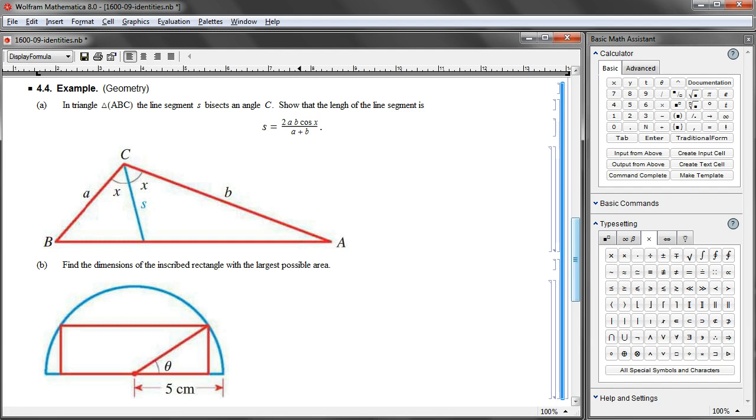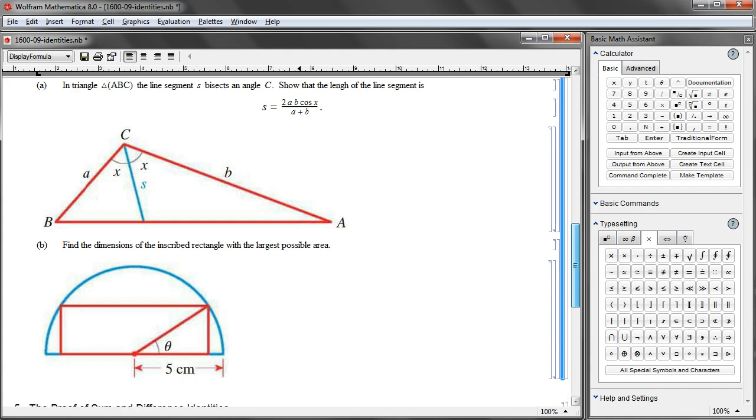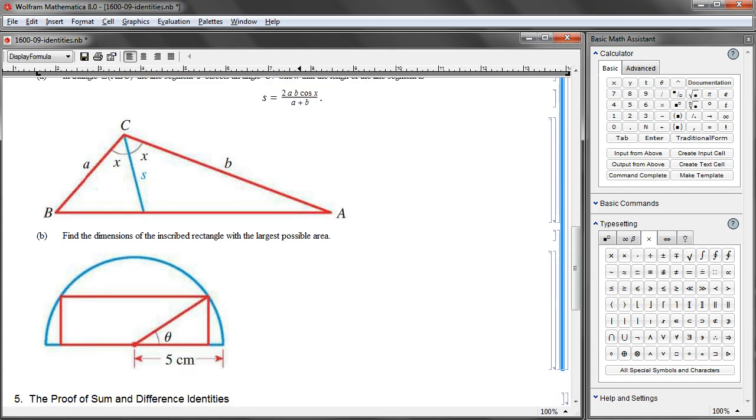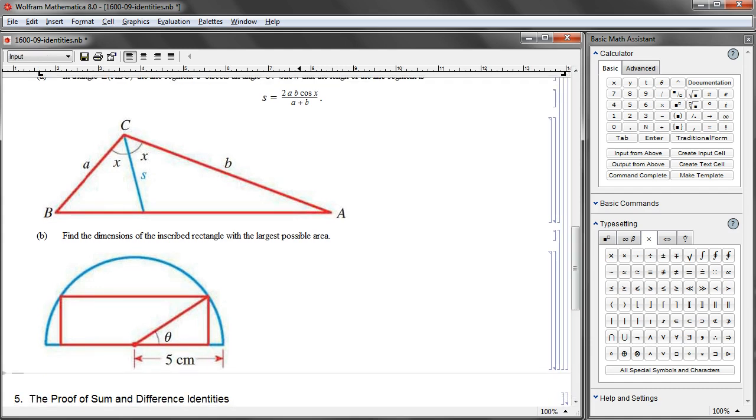Find the dimension of the inscribed rectangle with the largest possible area. This one I can give you a little bit more. Let's see. How do you express the area of this rectangle in terms of angle theta? Because you see, we're going to find out theta, so it has to be written in terms of theta. So this is what we are going to do.